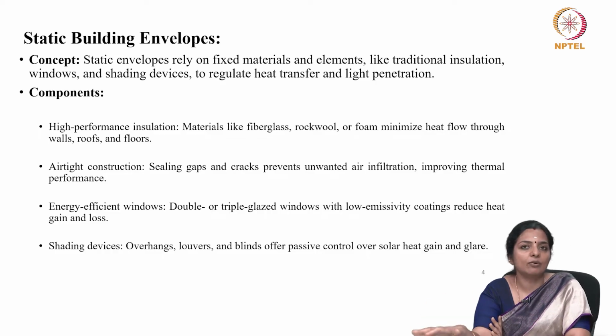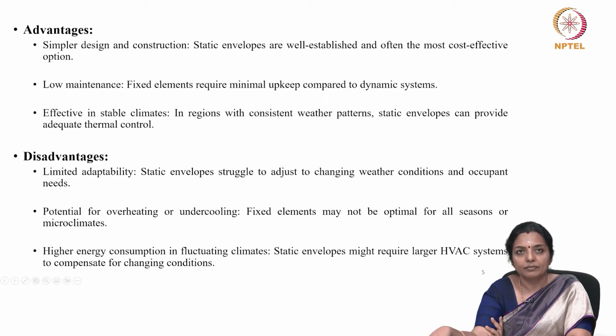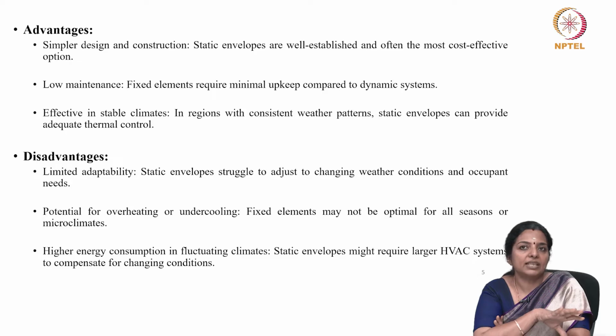So this is the conventional way in which building envelopes exist today, and we call that static building envelopes. What are its advantages? These are simple in design and the construction is very simple. These are conventional.